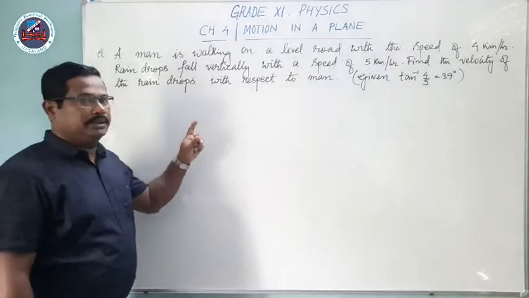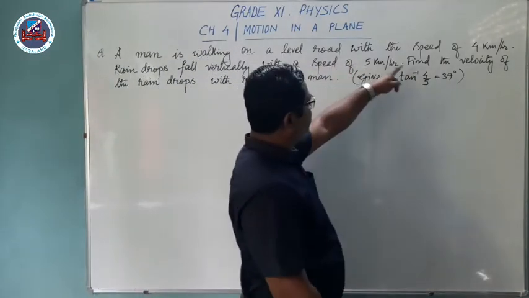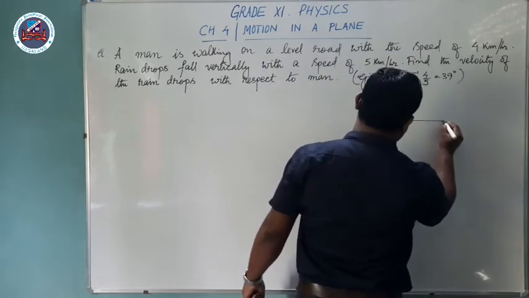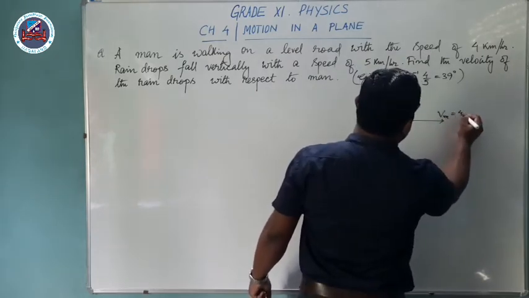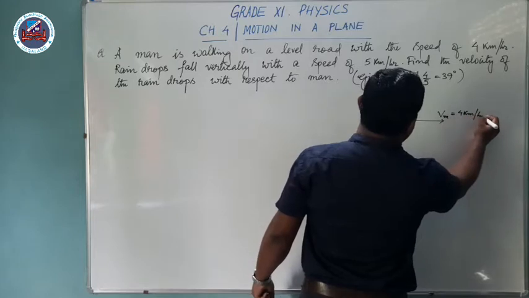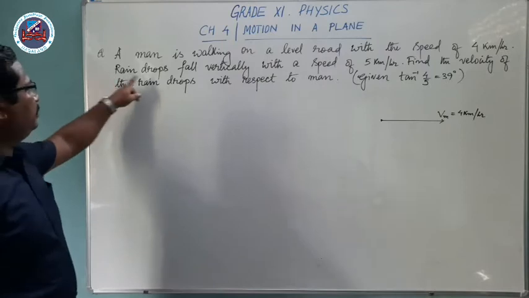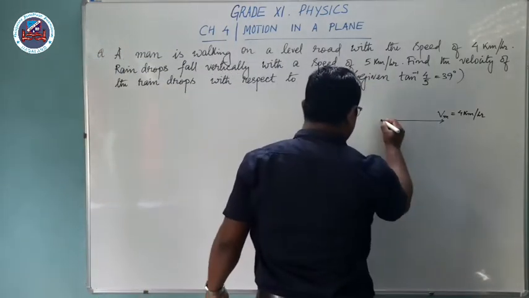Here is one question you can see. A man is walking on a level road with a speed of 4 km per hour. You can take the man walking; this is the velocity of the man, 4 km per hour, on a level road. Raindrops fall vertically with a speed of 5 km per hour.